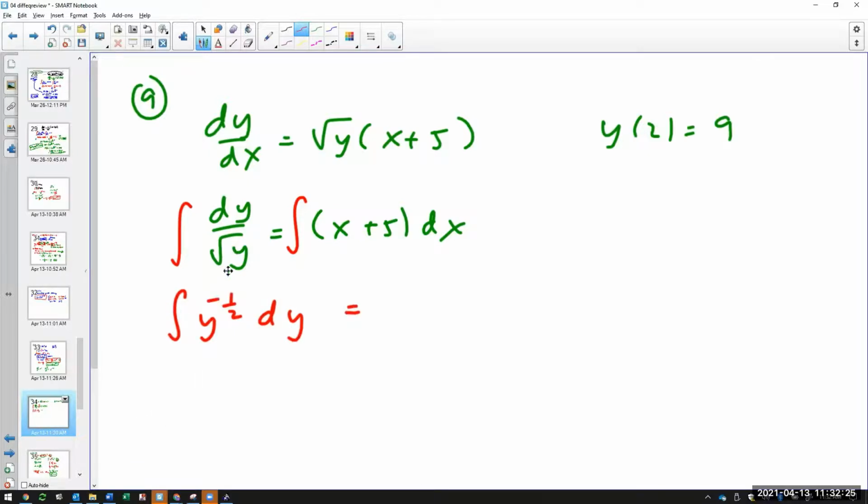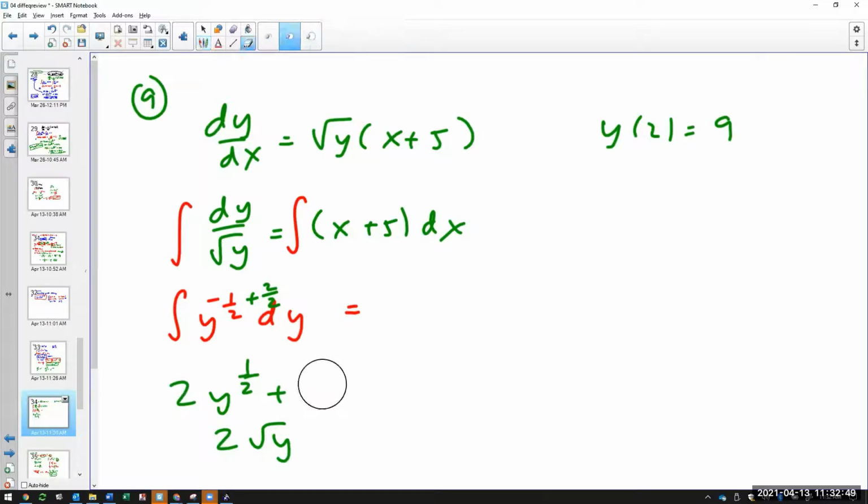It's positive 1/2 down here, but when you move it up, it's negative. So what you get here on the left side is you add 1, divide by 1/2, but dividing by 1/2 is the same as what? Multiplying by 2. So what I get is 2y to the 1/2 plus c on the left side, which is really 2 square root of y, guys, if you wanted to say that.